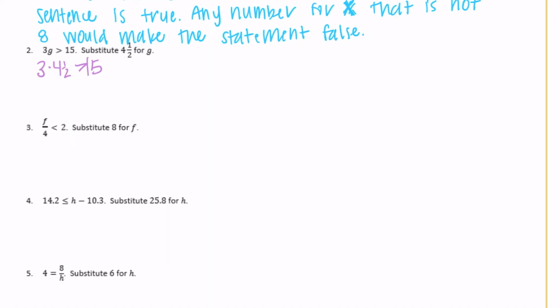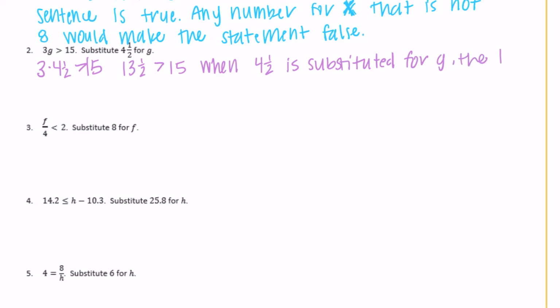So this is saying 13.5 is greater than 15, which we know is false. So let's say when 4.5 is substituted for g, the number sentence is false.